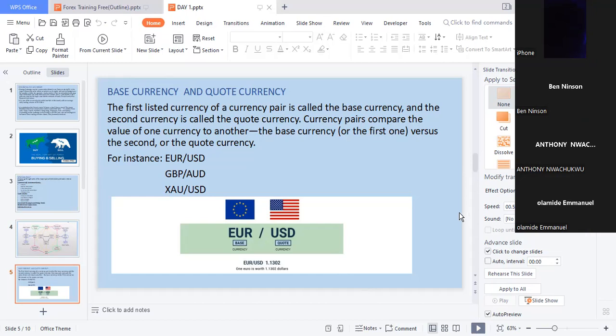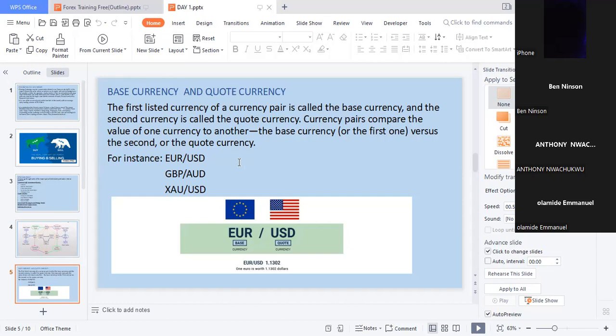Now listen, the first listed currency in the forex pair is the euro, and the second listed currency is USD.